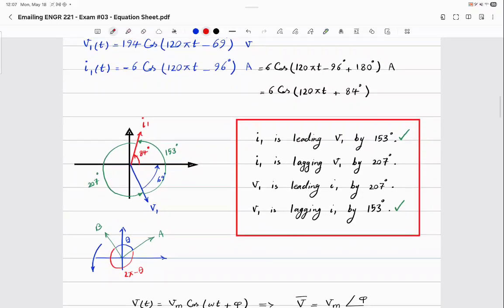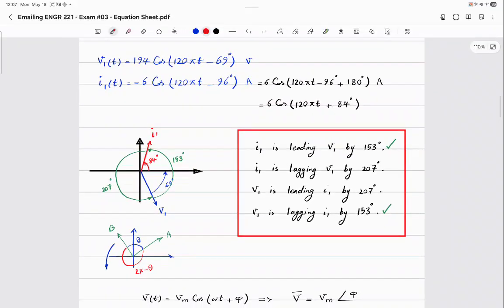Now, in order to understand lead and lag, I want you to remember this. In which direction do phasors move? Counterclockwise, right? Now, whoever is chasing the other one is lagging, and whoever is being chased is leading.